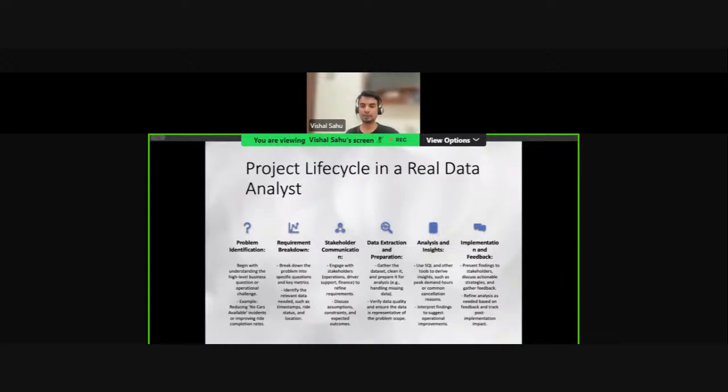If they say that something is not looking right, or something still needs to be done, you gather those feedbacks and then you rework on it. And yeah, that is how you become good with handling a project and leading it end to end. These steps are basically how our day-to-day work goes, and how we pick up any projects.